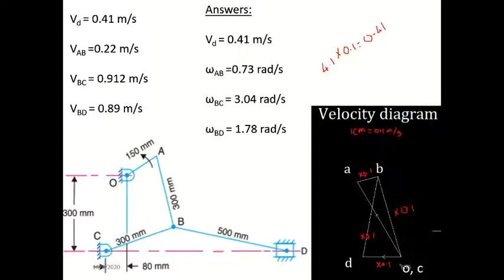That is the velocity of the piston D. So write it here: VD equal to 0.41 meter per second. One answer is over.